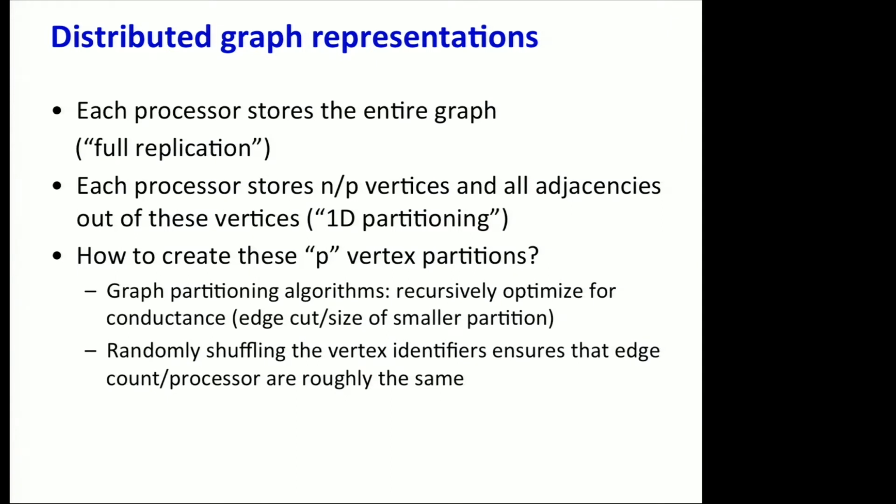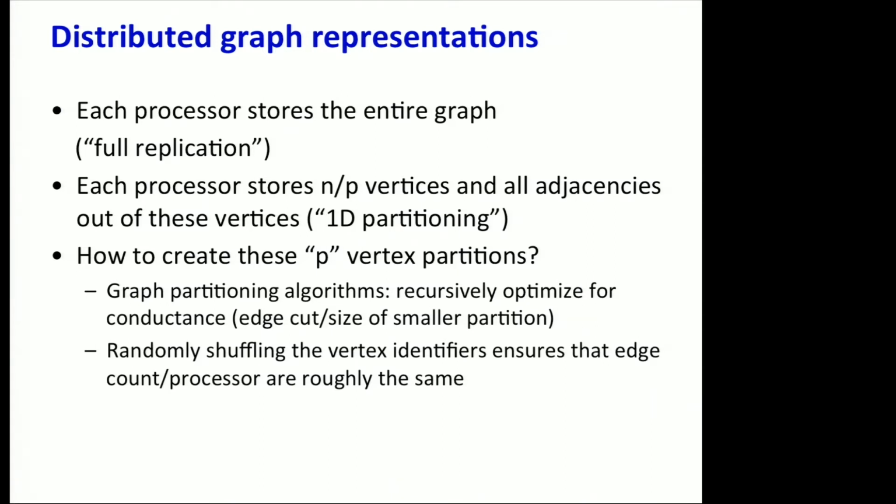How about distributed? The simplest thing one can think of for distributing a graph over a distributed-memory parallel processor is to have the first processor store the 1 to n over p set of vertices, and the second processor store the second n over p pieces. So each processor gets n over p vertices, and all the adjacencies, all the edges connected to that vertex, go with it. That's what's called a 1D partitioning.